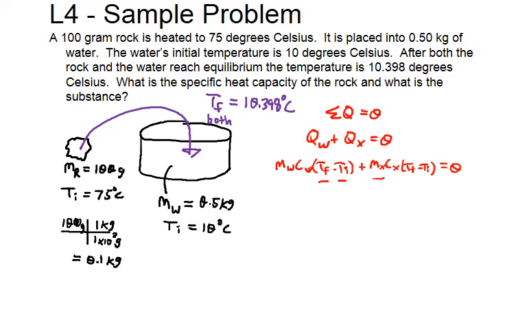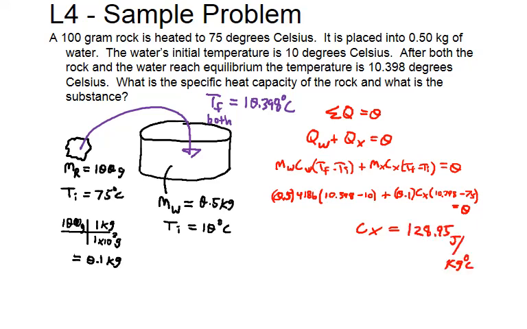Then we have m of x, so for this rock here, times the specific heat of the rock, T final minus T initial of the rock. And so when we place all our values in there, make sure that you do this properly and be careful with your algebra, you're going to get the final specific heat capacity. So go ahead and solve this, and then when you're ready to check your answer, you can check that here.